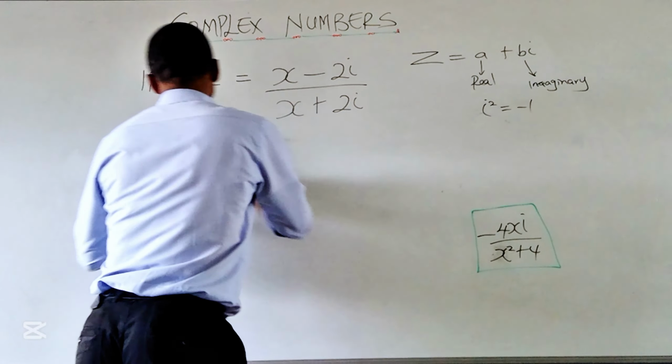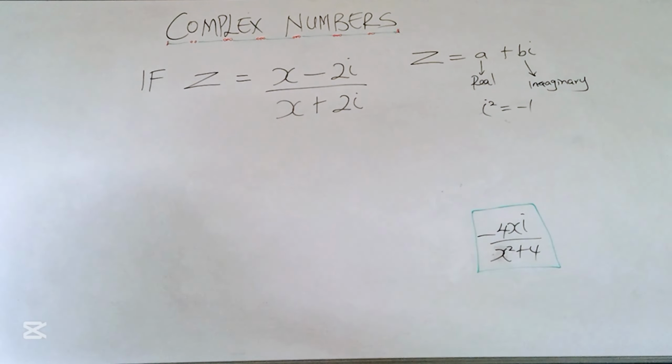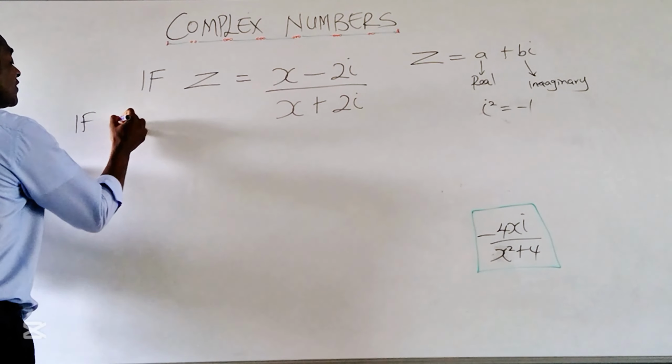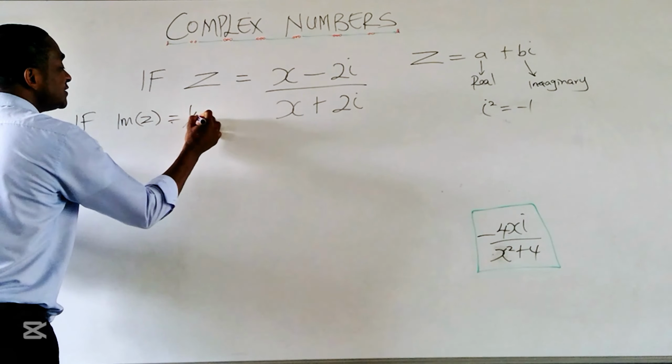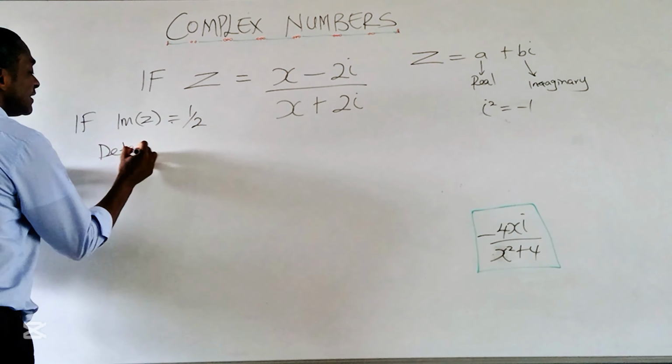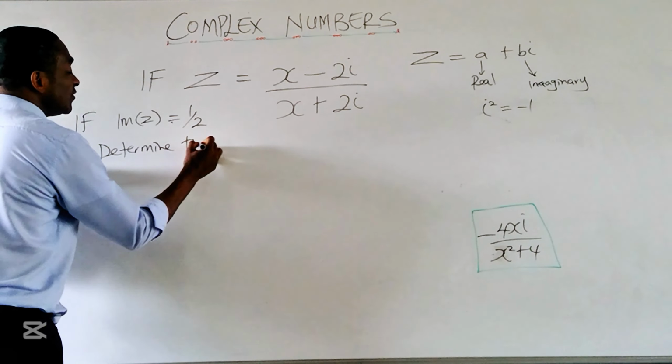I'm just keeping only my imaginary part so that I can follow. Now, I'm saying if the imaginary part of z is equal to 1 over 2, determine the value of x.